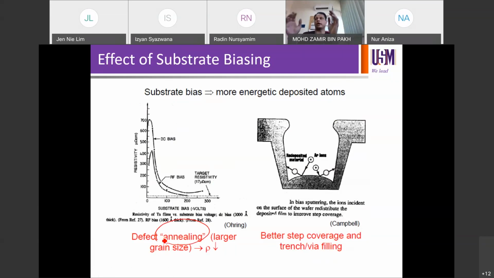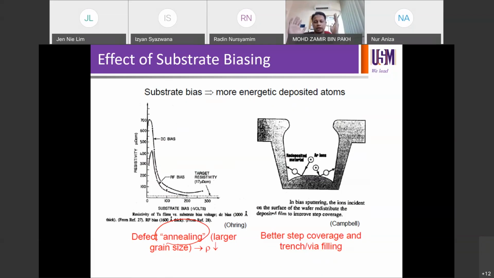When you induce more collisions of argon plus on the substrate, the higher collision rate will cause momentum transfer, and there will be heat generated from the collision of argon plus onto the silicon. So that momentum transfer, that collision actually induces an annealing process.